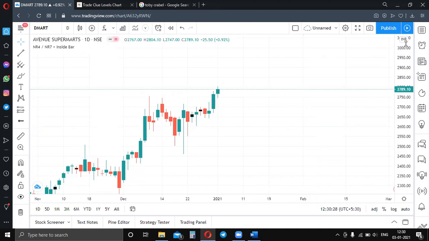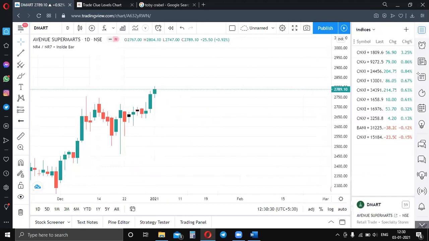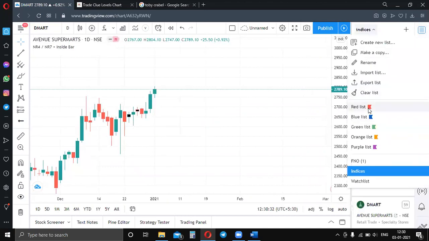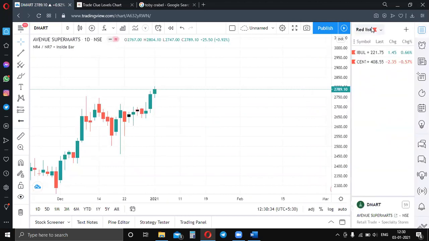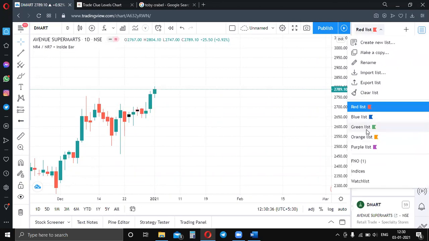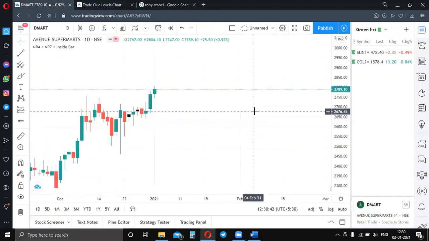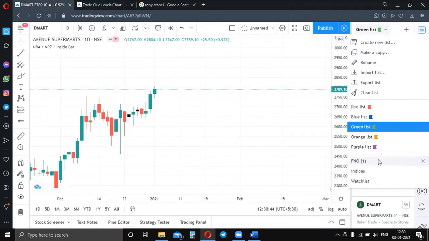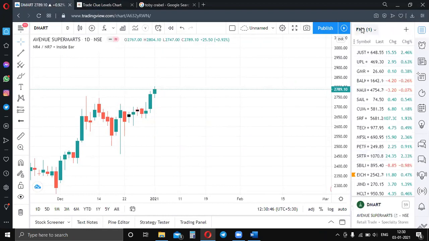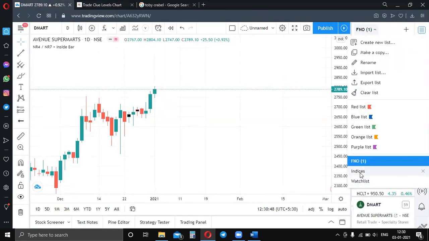So I keep all my buying stocks and selling stocks on my radar. Like I make a red list, I make a green list. Same way, you can add your stock over here. Now, going further, I see what all the indices are doing.